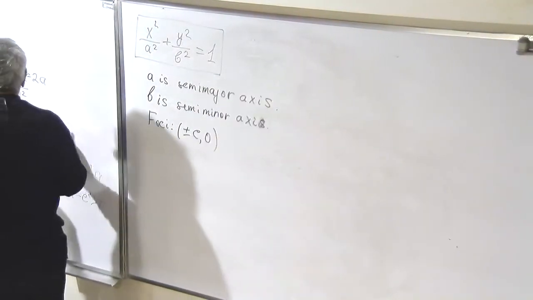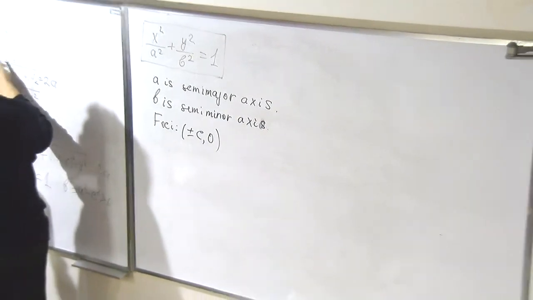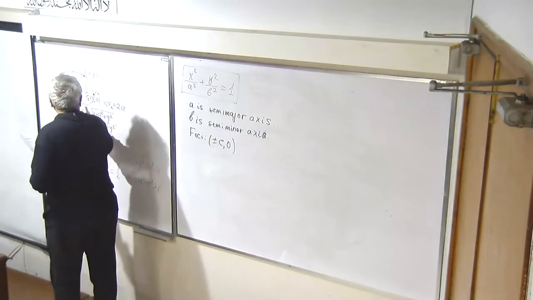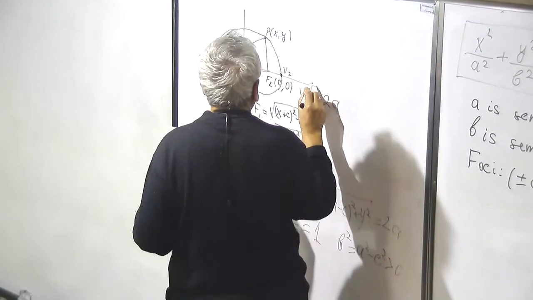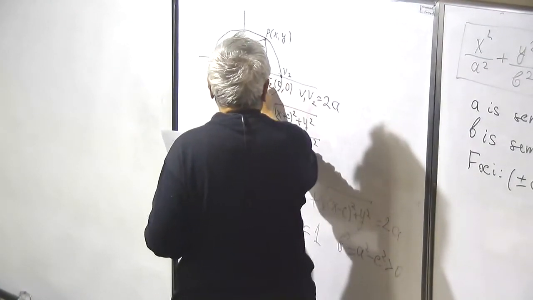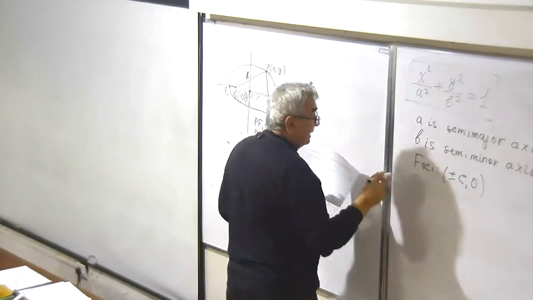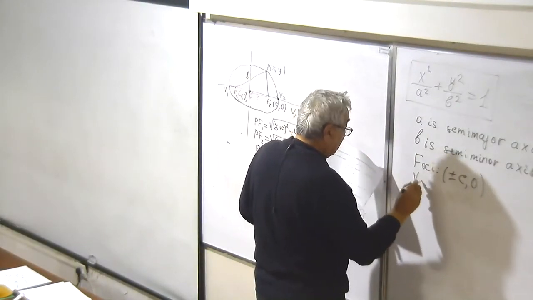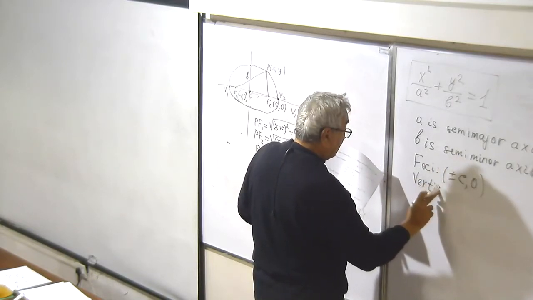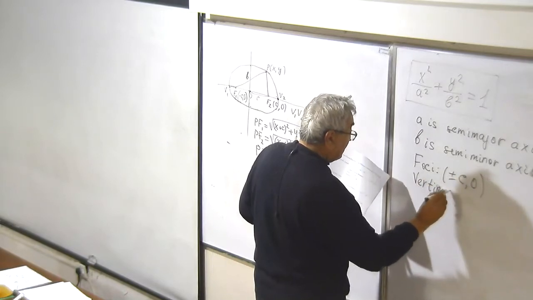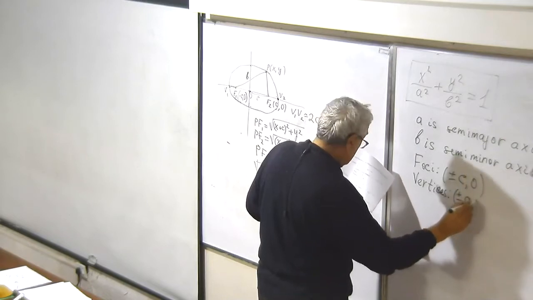For the vertices, this is a distance a and this is a distance a, so the coordinates are plus or minus a and 0.